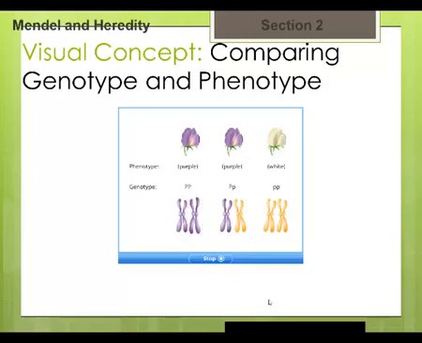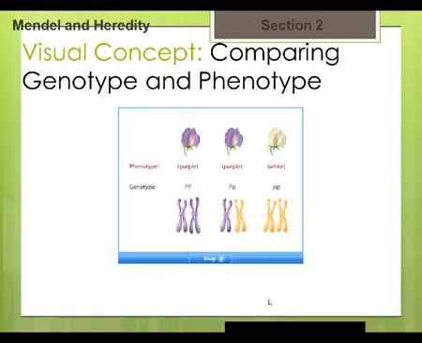For example, the gene for flower color in peas can exist in a purple version or a white version. The different versions of a gene are called its alleles. Genotype is the combination of alleles an organism has for one or more specific traits. We use a capital letter to indicate a dominant allele, such as purple petal color, and a lowercase letter to indicate a recessive allele, such as white petal color.